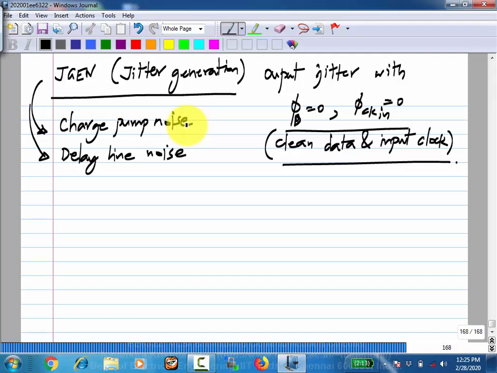The delay will not be the same over time because of noise in the delay line transistors. You will have delay line noise also. The delay itself will keep changing. Then you also can have input referred noise or noise of the phase detector. The phase detector itself will have noise because it's supposed to be comparing edges, right? So whenever you have that, there will be some noise as well.